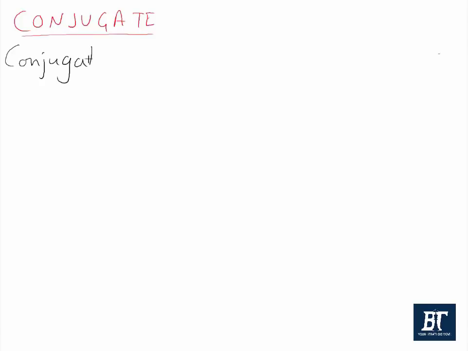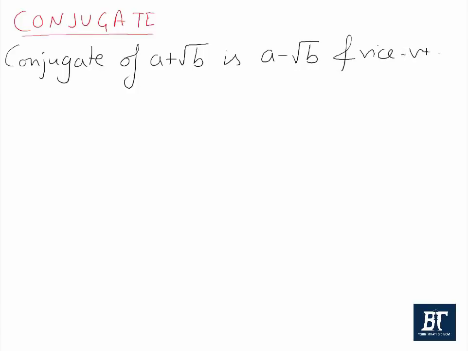Conjugate of a plus root b is a minus root b and vice versa. So conjugate of a plus root b is a minus root b and conjugate of a minus root b is a plus root b.